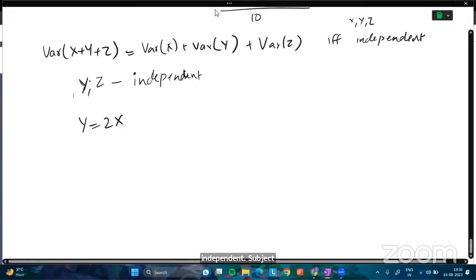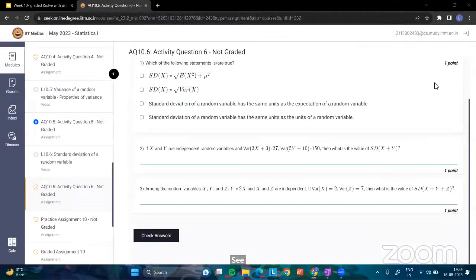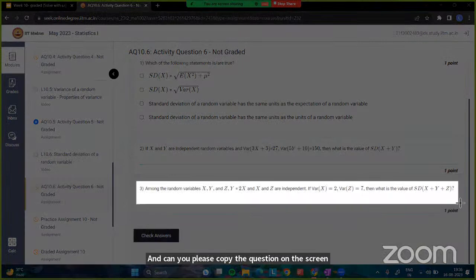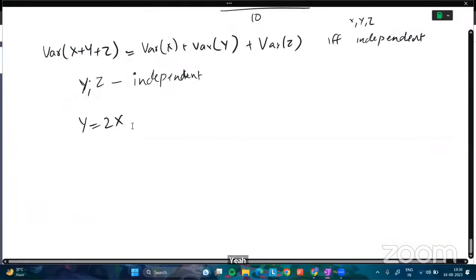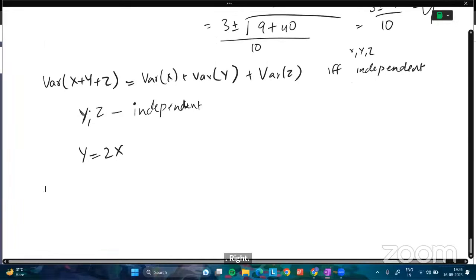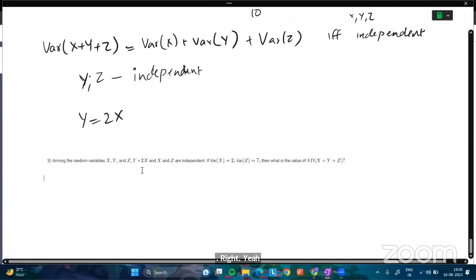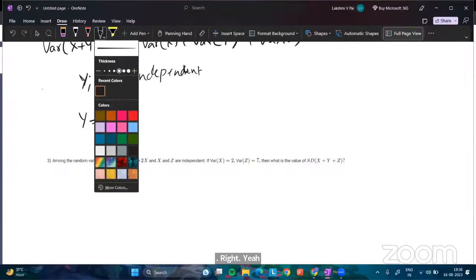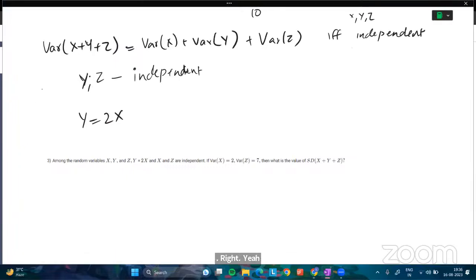Ma'am, can you please copy the question on this page? Yeah, this is the question. So we know that x and z are independent, and we also know that y is equal to 2x.